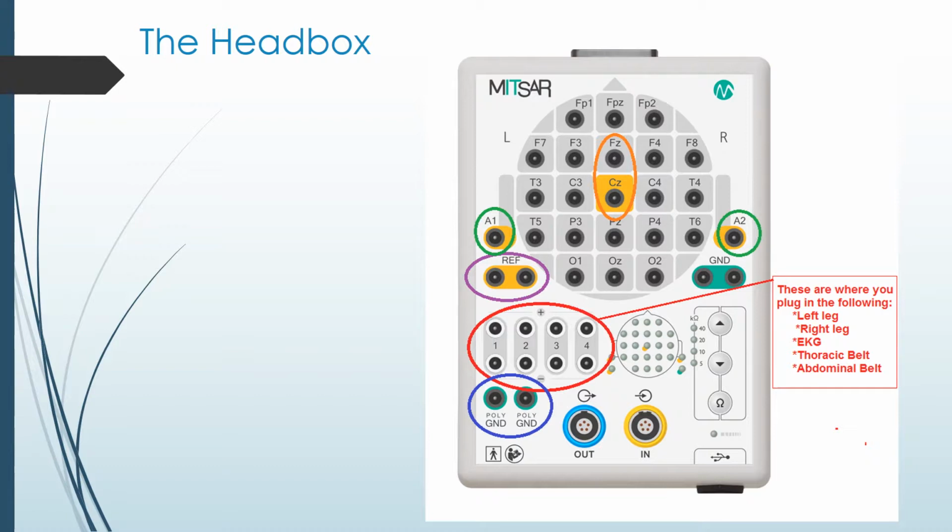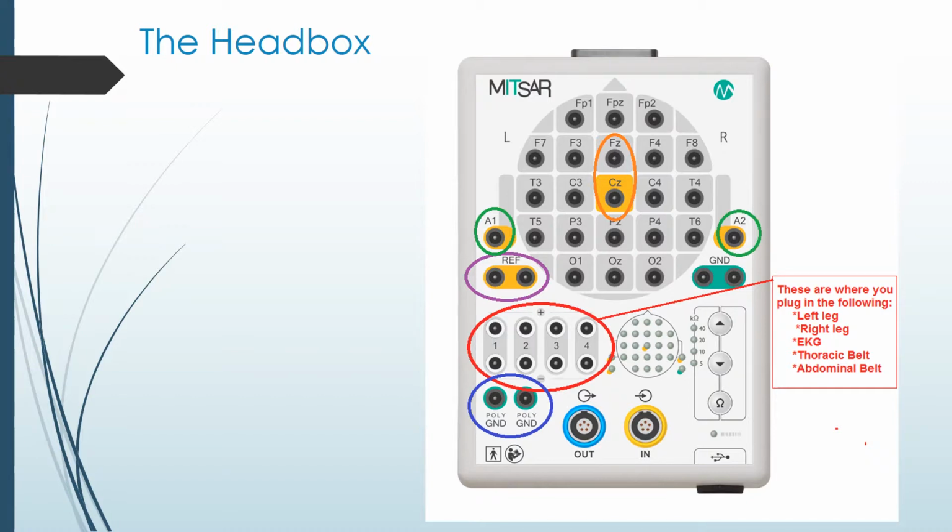On the head box I always used, we always put it in the CZ location on the head box no matter what. That's how our system was set up. So wherever you go to do your clinicals, that's something you're going to want to check with your site, which electrode sites do you use on your head box for their correlating electrodes.